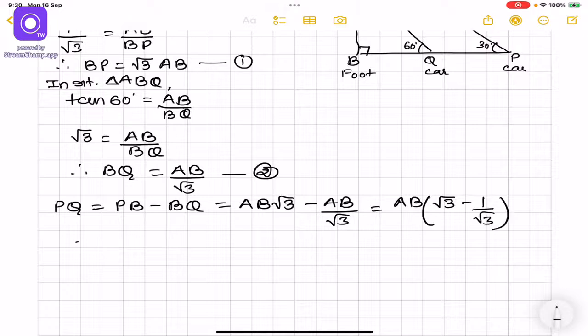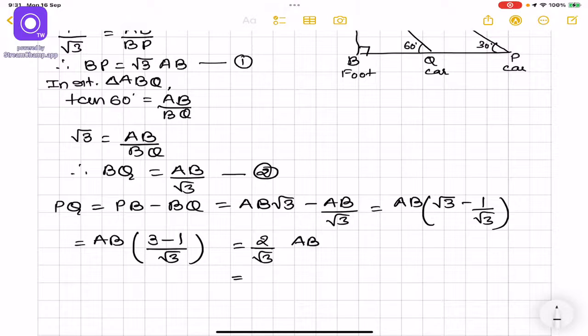Now doing LCM, I will get AB into 3 minus 1 upon root 3. So that comes as 2 by root 3 AB.